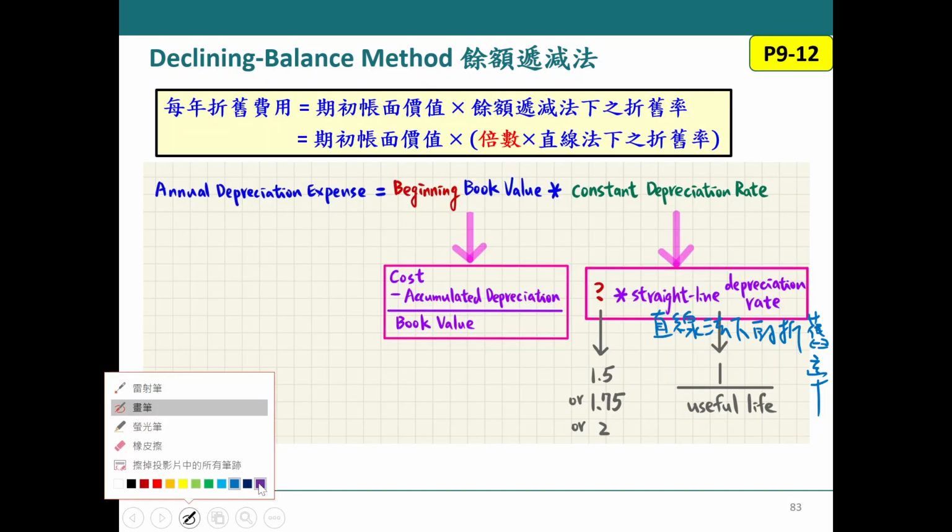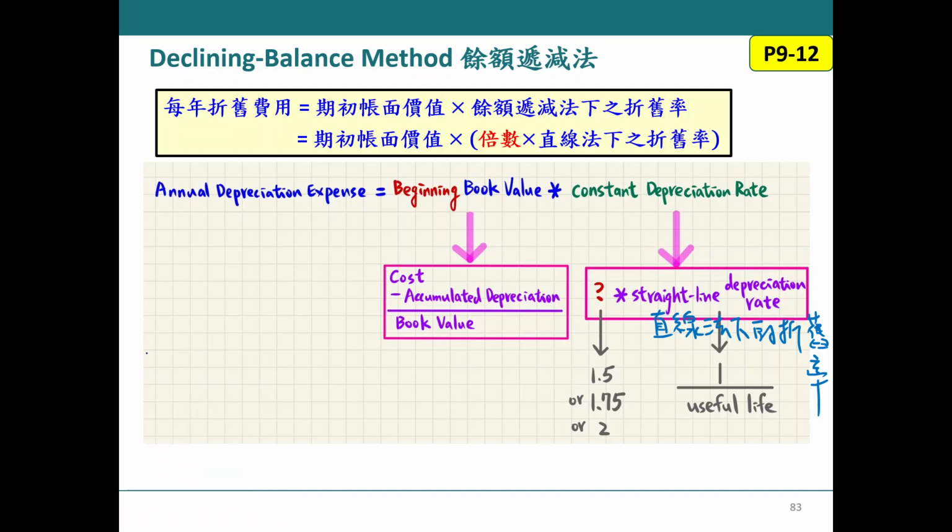If I told you your PP&E's useful life is 4 years, can you tell me each year your value decreases how many percentage? 4 years for 100%, right?